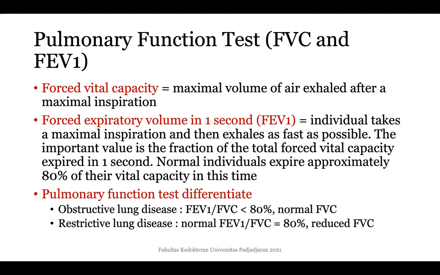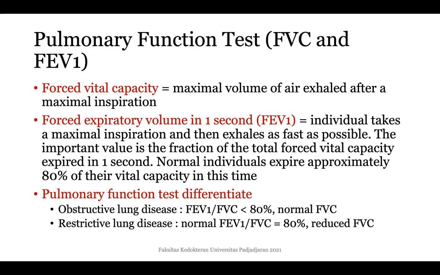So you should be able to get 80% of the air out of the normal lung in 1 second, of the air that you're able to get out of your lung, which excludes the residual volume. In our two types of disease states, these numbers are going to change.